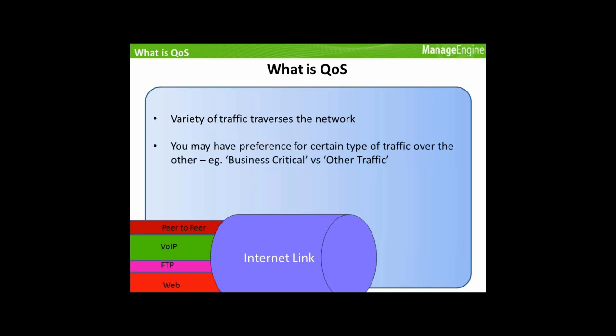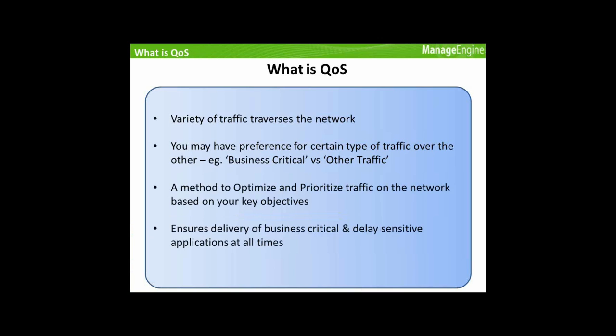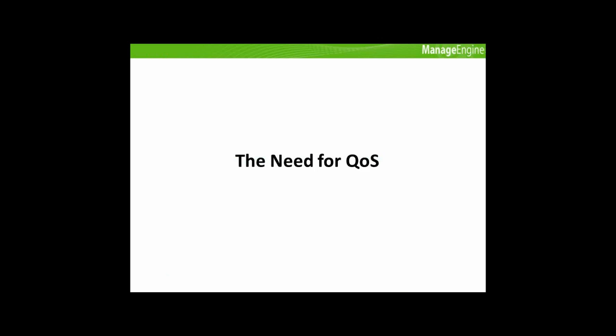Maybe business critical traffic is more important, or maybe VoIP traffic is much more important than the other traffic. So QoS is a method to optimize and prioritize traffic on the network based on your key objectives. This way, using QoS, you can ensure delivery of business critical applications or delay sensitive applications like VoIP and video calls at all times.